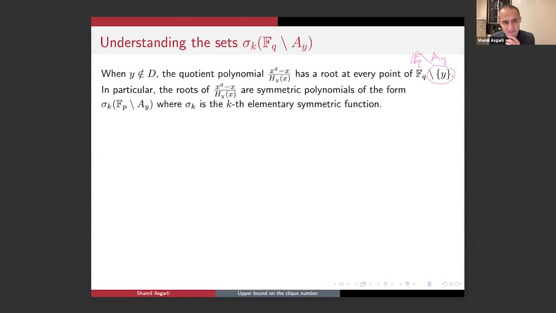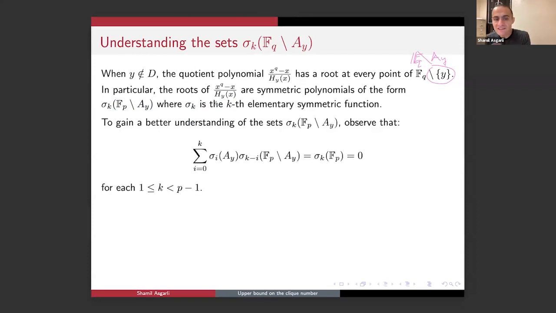And the idea is we can actually define these sets recursively. What do I mean by that? So to gain a better understanding of the set sigma k of Fp minus ay, let's look at the following equality. So by definition, sigma k of Fp.